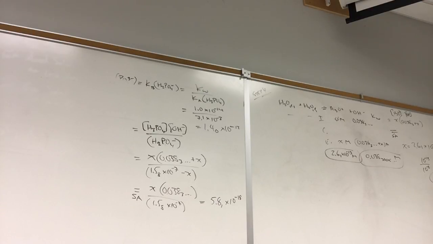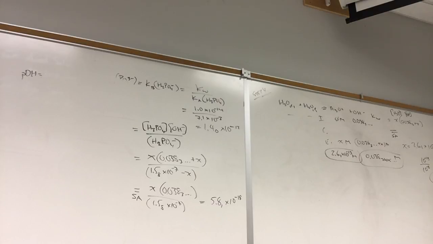Now the pH we can calculate either from the hydronium or from the hydroxide. Normally for a basic solution, we just do the pOH and then convert that into pH.